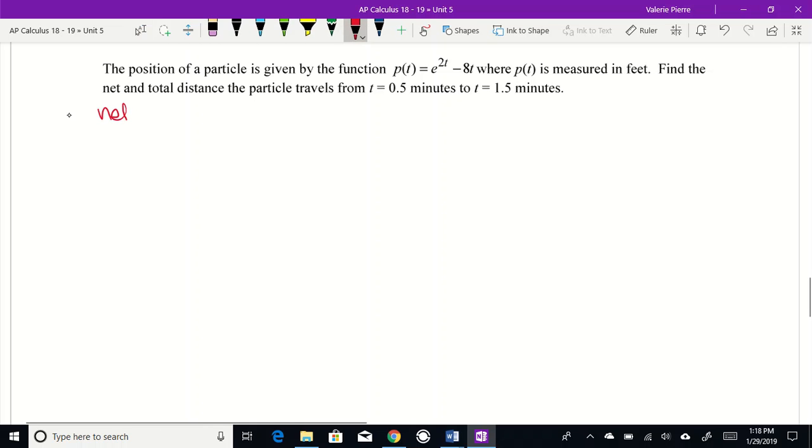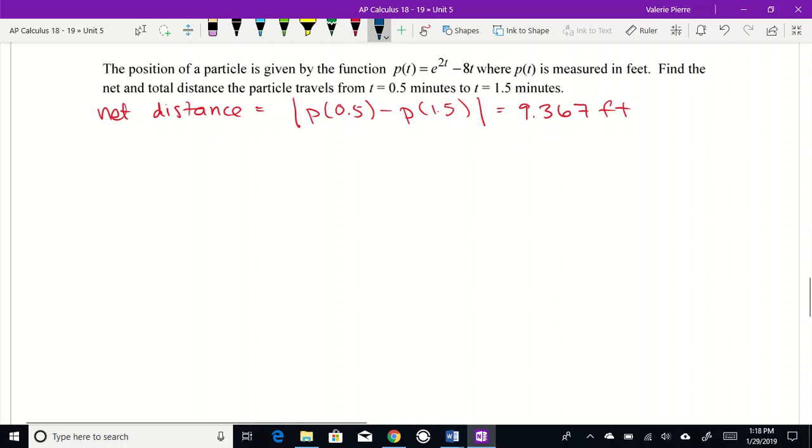So our net distance is again the absolute value of p of our initial, which is 0.5, minus p of our final, which is 1.5, which is 9.367 feet.